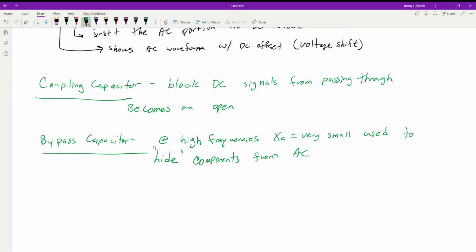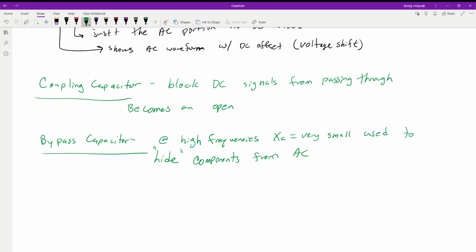The bypass capacitor hides components and parts of the circuit from the AC portion because basically what it does is put a very, very small resistance in parallel with it to ground, which essentially shorts out that component from the AC, making it so there's no voltage drop. We're not seeing it. It comes in very handy when we want to hide things from the AC signals, when we want to give a bigger portion of the AC signal to our output.